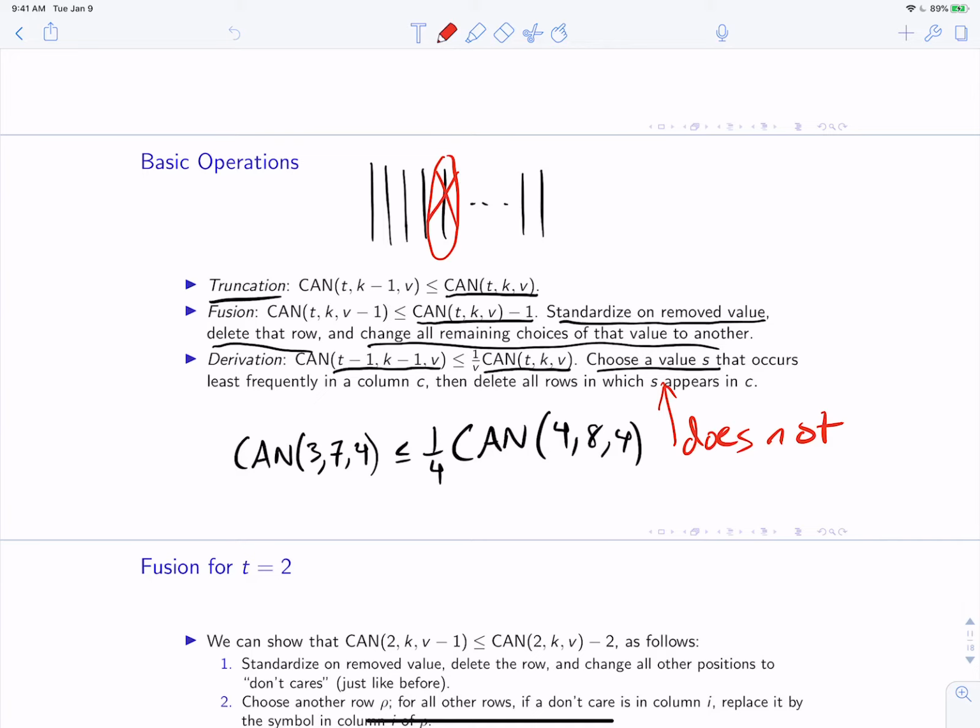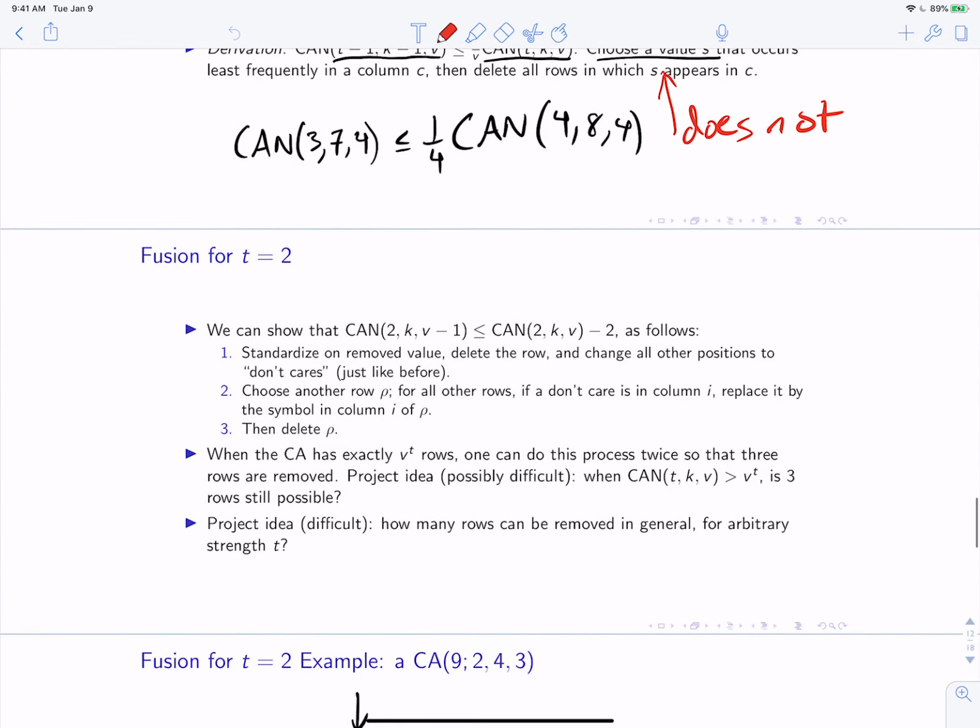Basically we can remove a row if we have one fewer symbol, one fewer value. And for derivation, we can get a whole lot of rows removed, but we sacrifice one in the strength. So if we go from strength 4 to strength 3, we can eliminate a lot of rows in that way. So we talked about that last time.